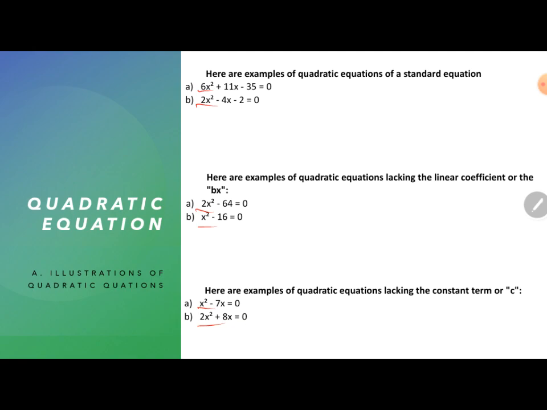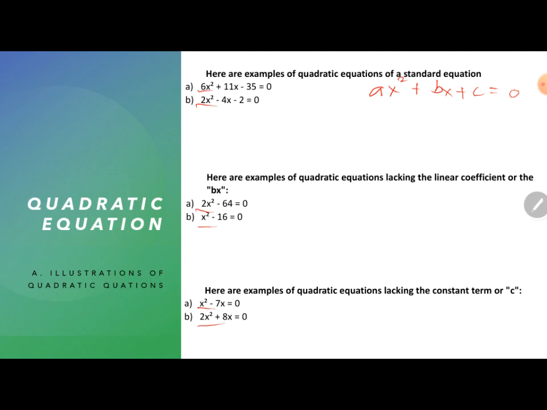Now, for our next example, as you can see, a standard form is composed of ax squared plus bx plus c, where c is the constant term or numerical value.